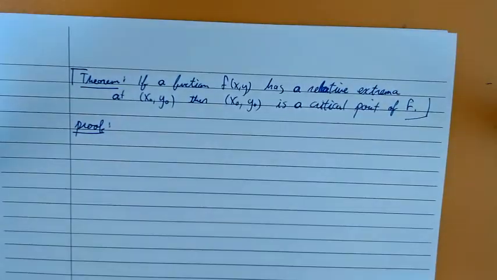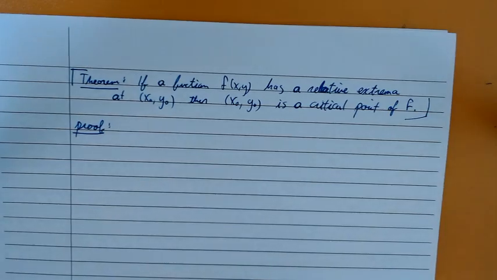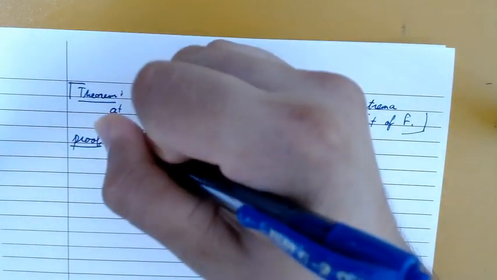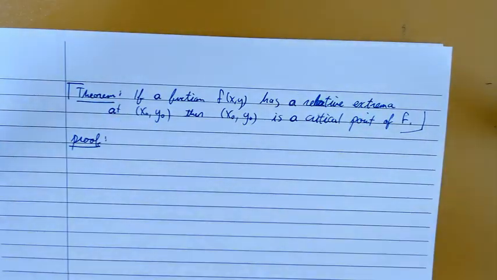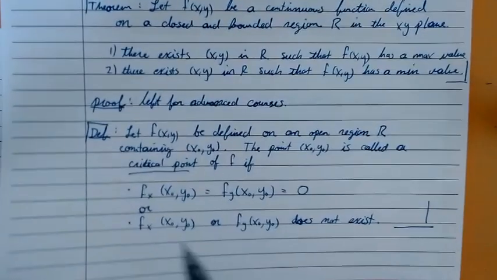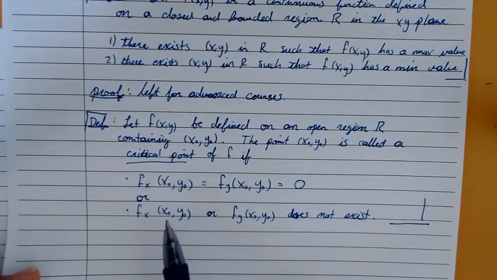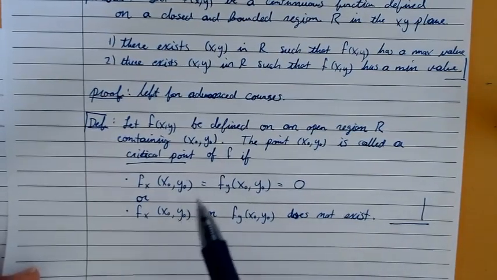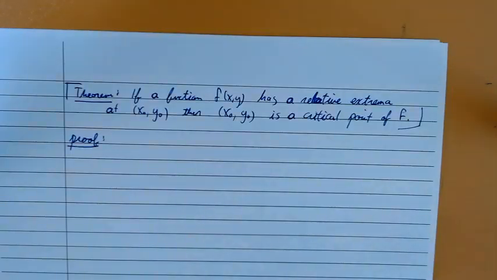The proof of this is a lot more accessible than the proof of the previous theorem. So there's really 2 possibilities here. Based off of what we mean by a critical point, it could either be that the partials are undefined or the partials are both equal to 0. Let's consider the first one, where the function does not have defined partials.